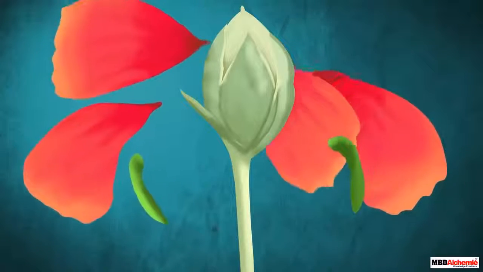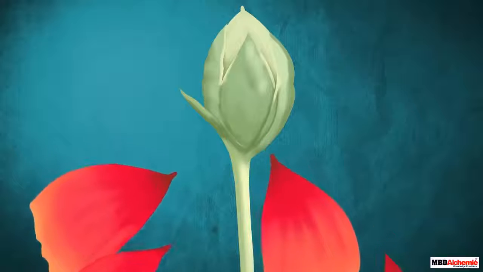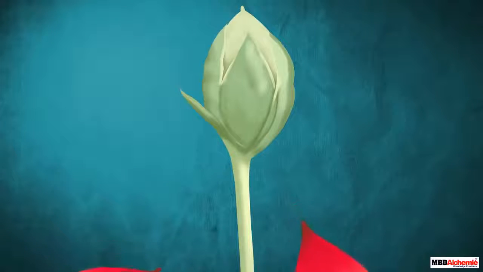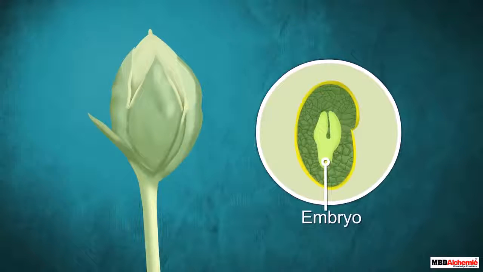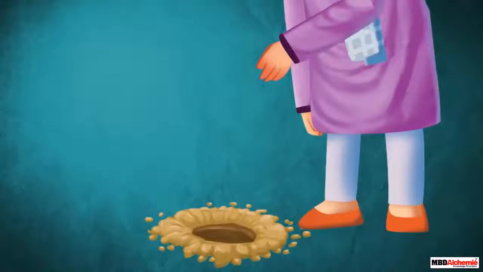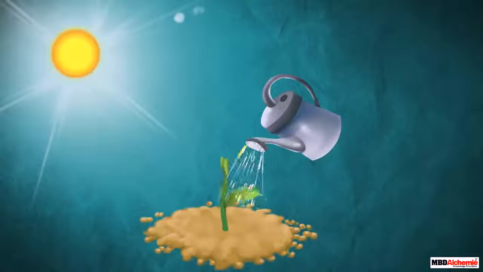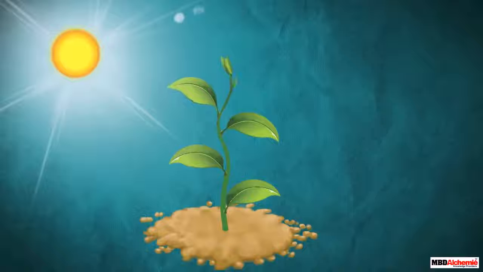At this time, the other parts of the flower, like the sepals and petals, fall off. So, a seed present inside a fruit contains an embryo, which is actually a baby plant. Each time a seed is planted in soil and provided appropriate conditions, it grows into a seedling, which then grows into a new plant.